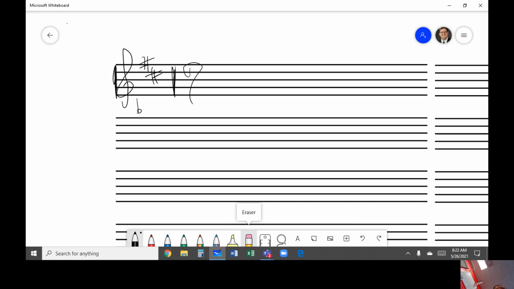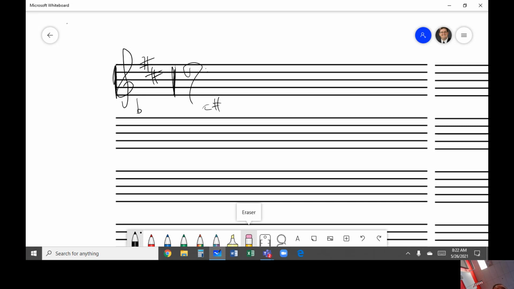In the bass clef, can you figure out the key signature for C sharp minor, please, everyone? C sharp minor. Pause the video now. Here's your answer. For C sharp, first I want to go up 3 letters.